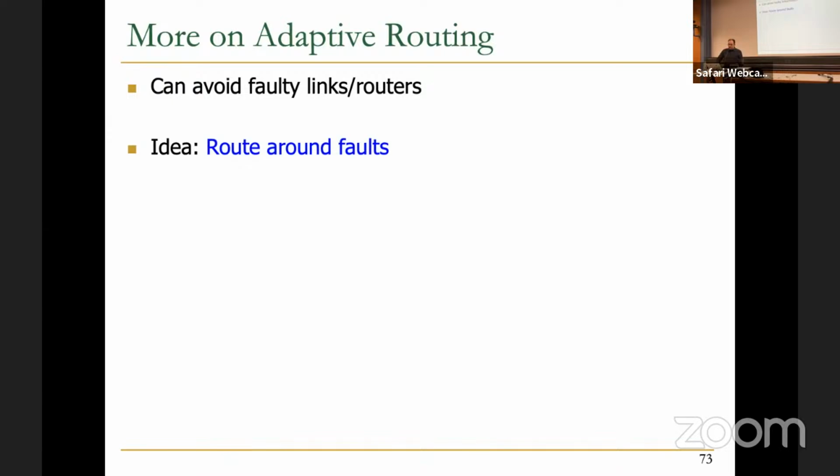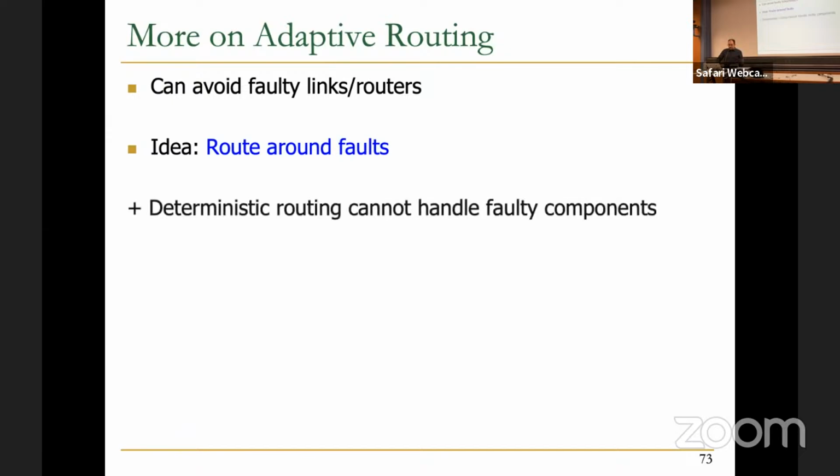Adaptive routing is also very good for reliability because you can avoid faulty links and routers. The idea is that we can route around faults. It might be the case that your network is faulty. Sometimes your router is faulty, sometimes your links are faulty. So there should be a technique that identifies the faulty components. Then with an adaptive routing algorithm, you have the possibility to bypass and route around the faults so that you can get to the destination.